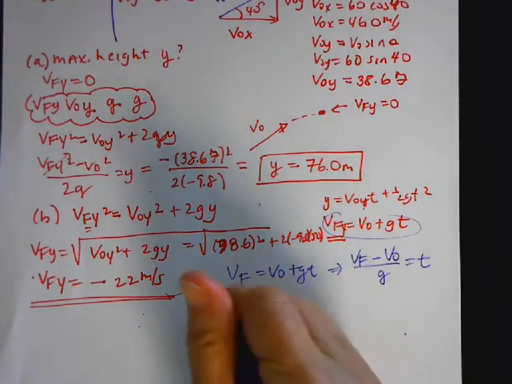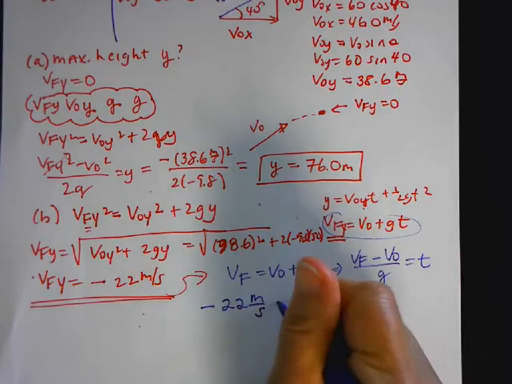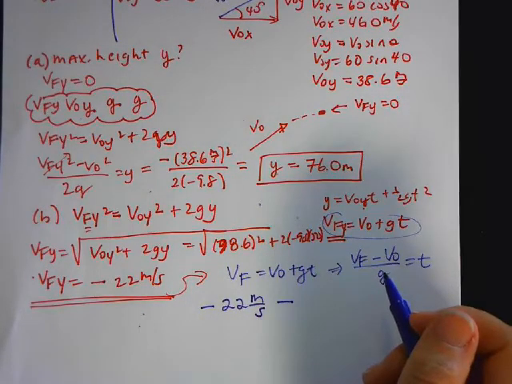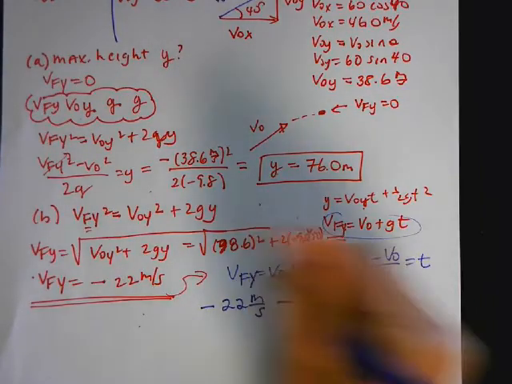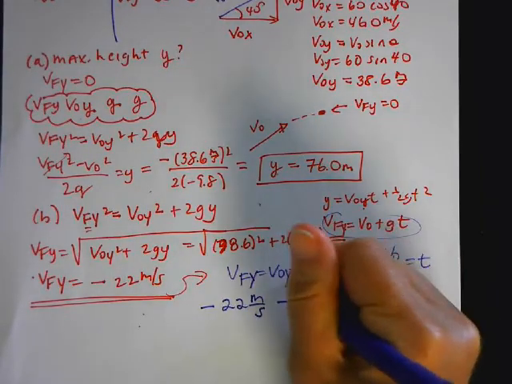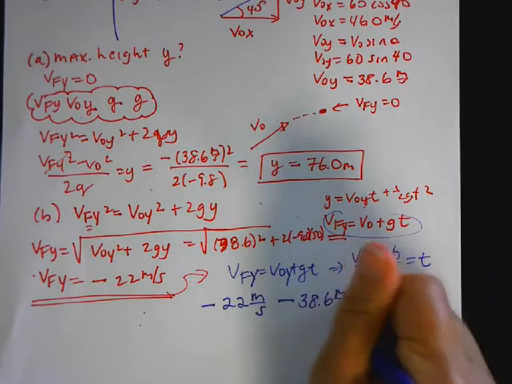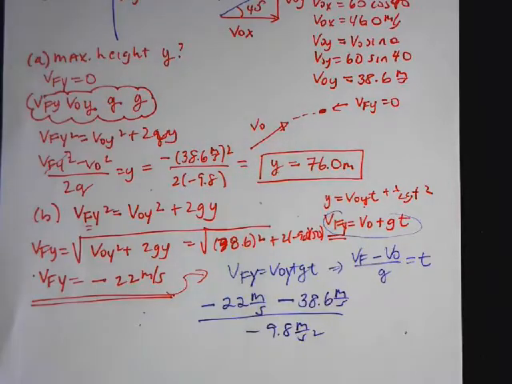So vf is negative 22.5 meters per second minus v naught y, oops, I need to do my subscripts, minus 38.6 meters per second, divided by negative 9.8 meters per second squared.